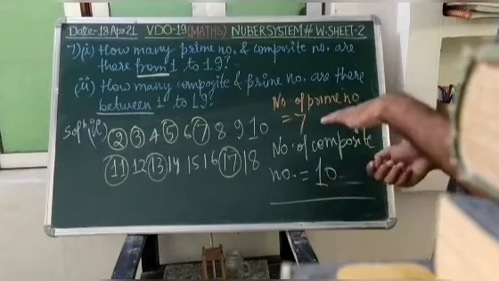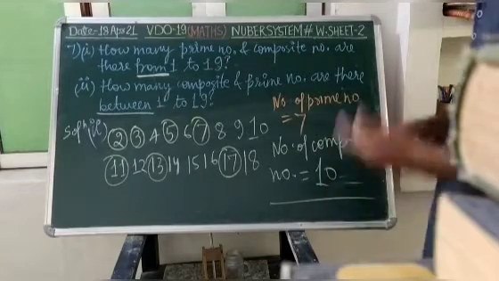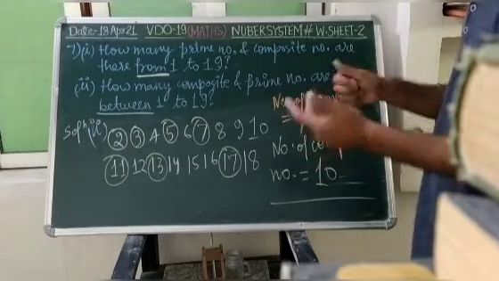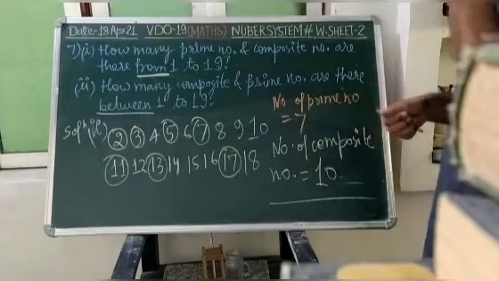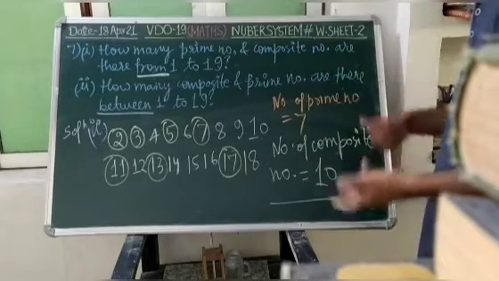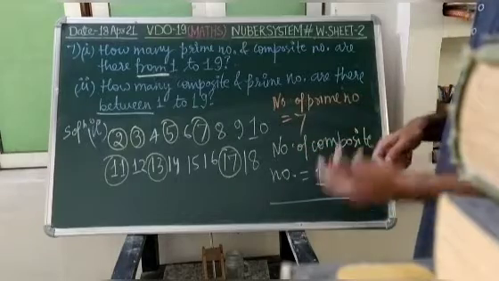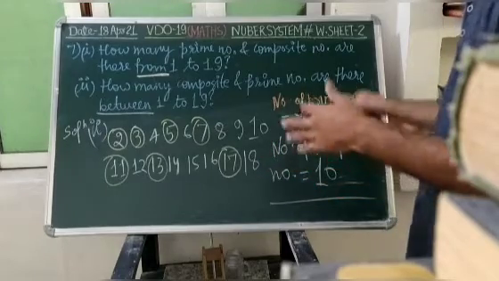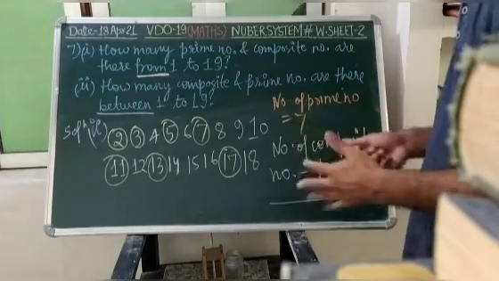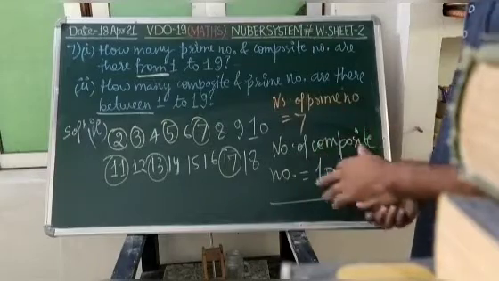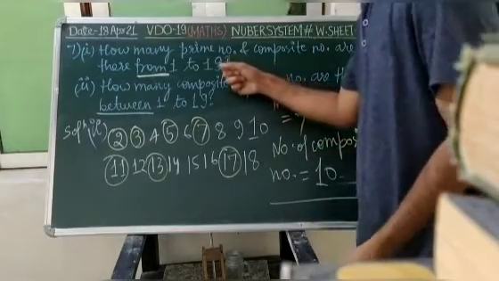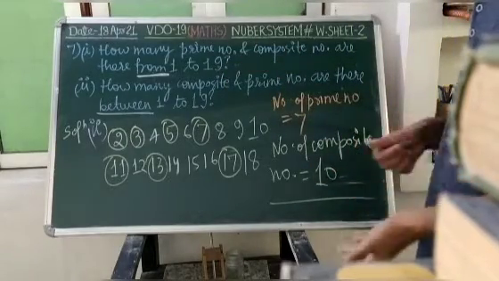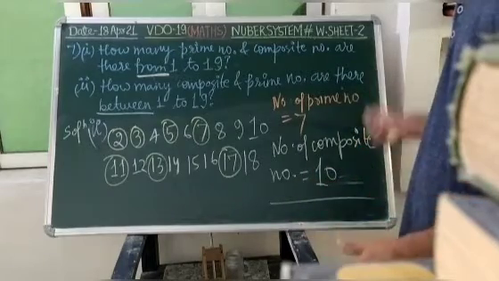So when we are ending with a composite number, the prime numbers will be the same in from and between, but the composite numbers will be different. But when we are ending with a prime number, in that case our composite numbers will be the same and the prime numbers will be different.